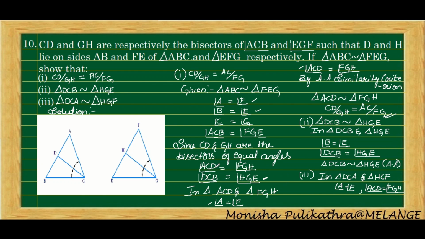It is also here. Since two angles are equal, triangle DCA is similar to triangle HGF. Why? Because of the AA similarity criterion. Fine. Understood? So this is an easier one.